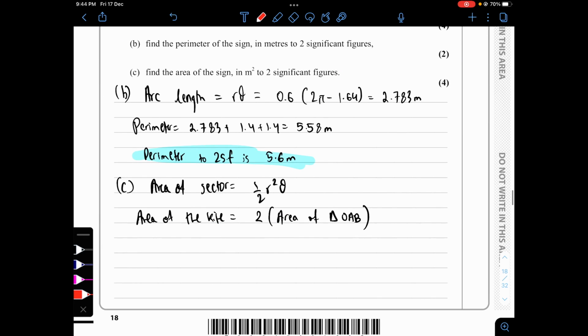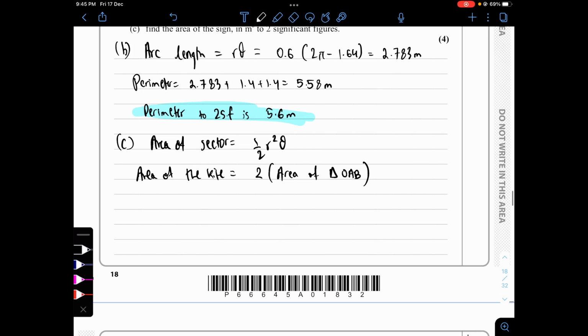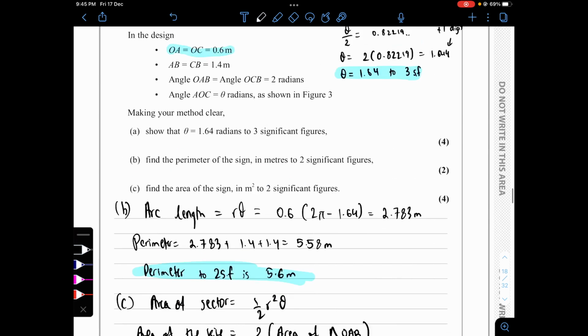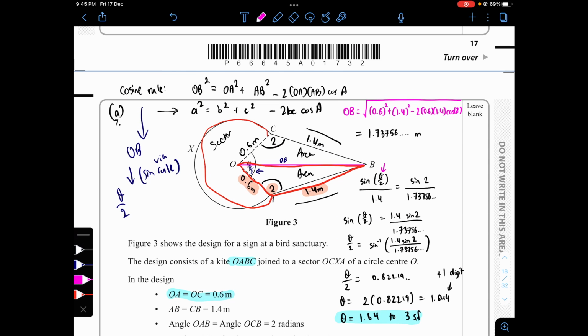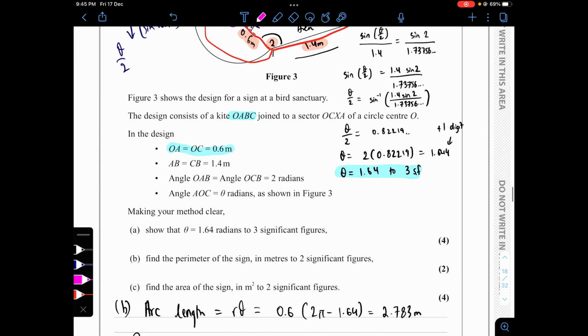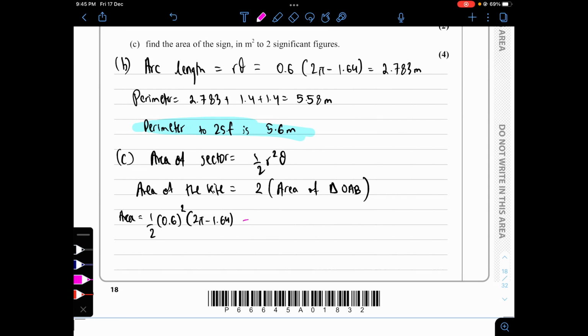Alright, so how do we do this? So simple. The total area, I'm just going to write, area equals half, we know r is 0.6 squared, and this is the major arc, right? So 2 pi minus 1.64, because we want the angle for this, which is 2 pi minus theta, and then plus the area here.